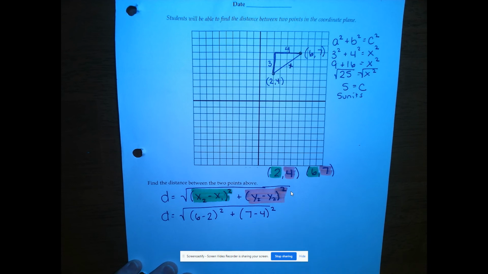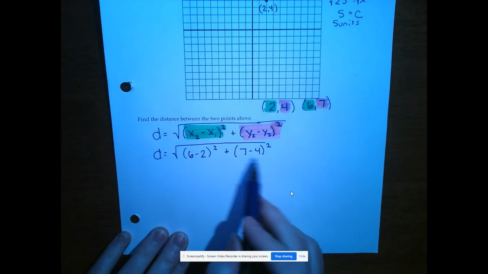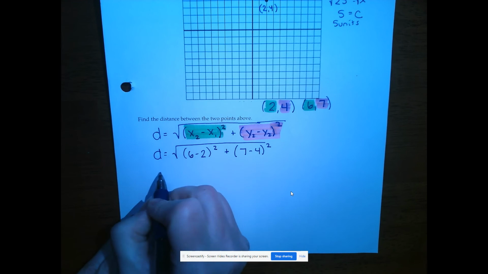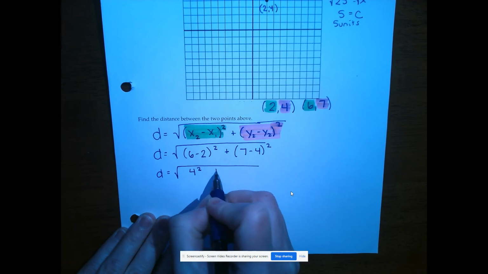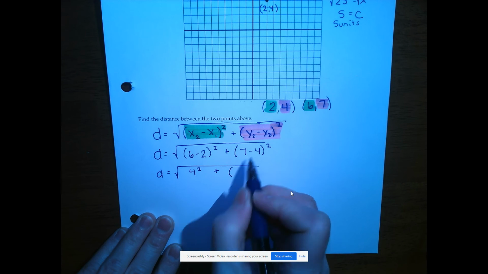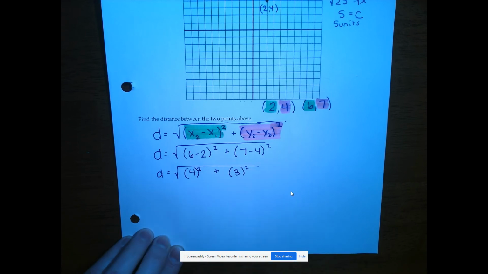What do we do first when we're solving, right? Everything's on one side. We're just saying, okay, I just have to simplify the right side. 6 minus 2, because it's inside parentheses, would be 4 with the squared because we haven't used it yet. The 7 minus 3 in parentheses, which is 3 inside the parentheses, squared because we haven't used it yet.